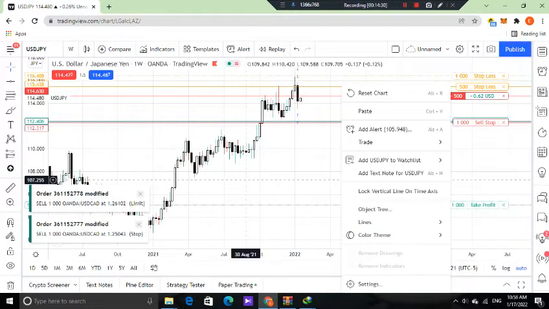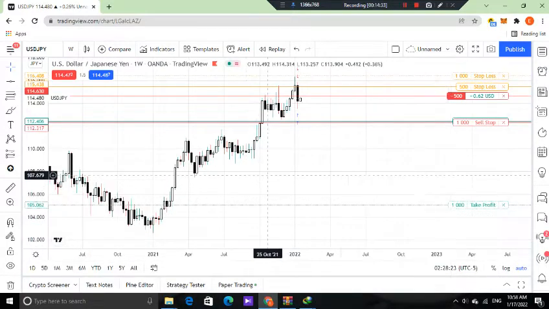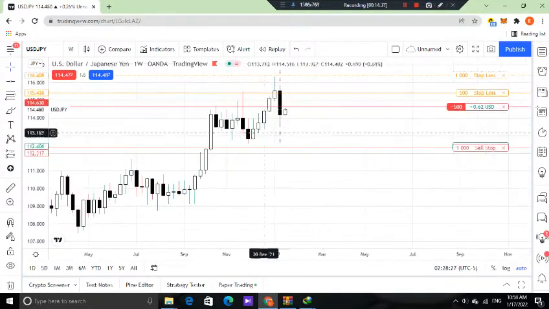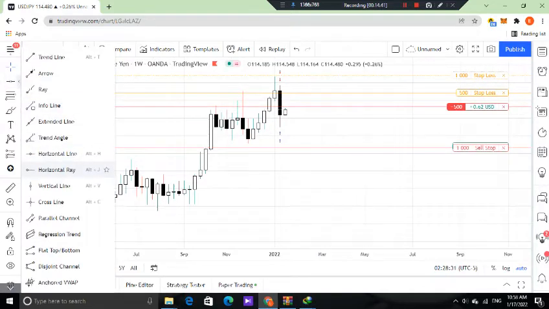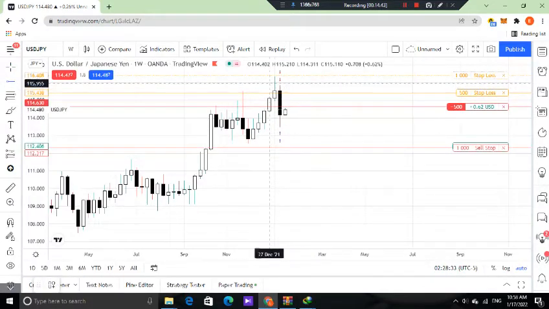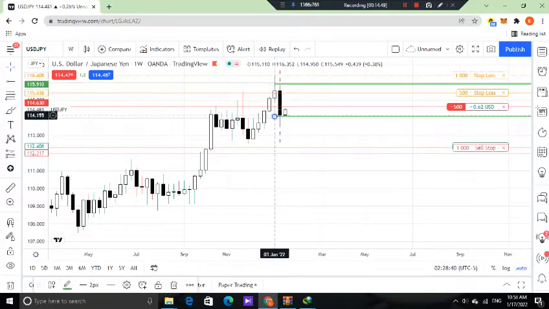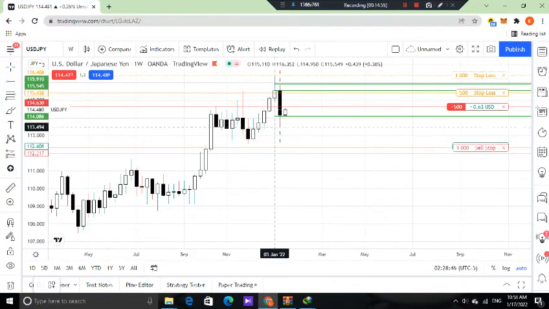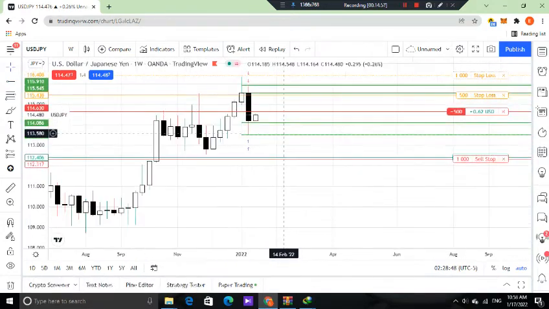Okay, so we have this weekly candle here, and just mark the open price, highest price, and lowest, all of it.